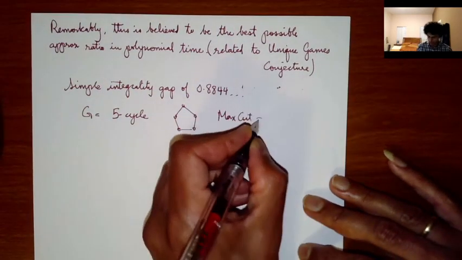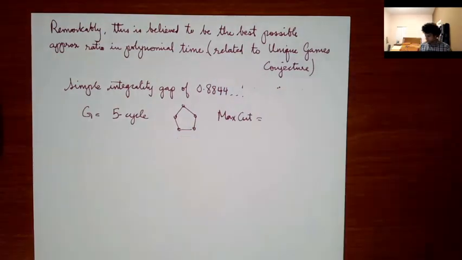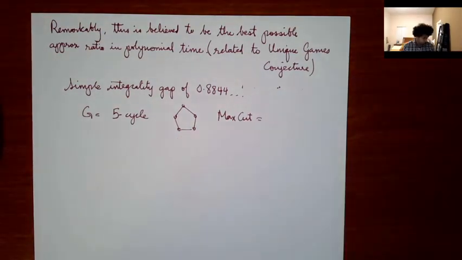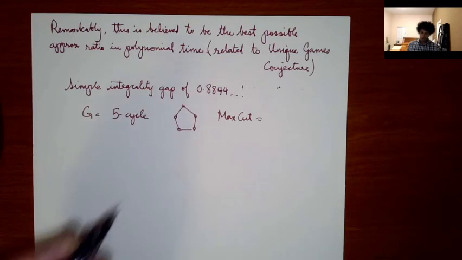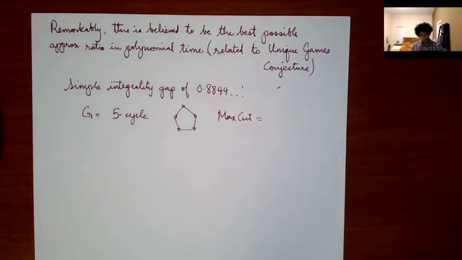What is the max cut value of the 5-cycle? Any guesses? How many edges can you cut? Two. You can cut 2. You can do better than 2. You have to move things around.